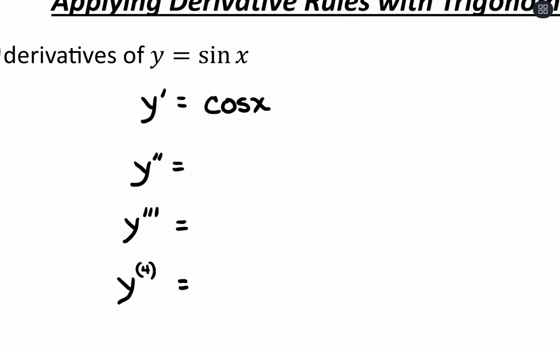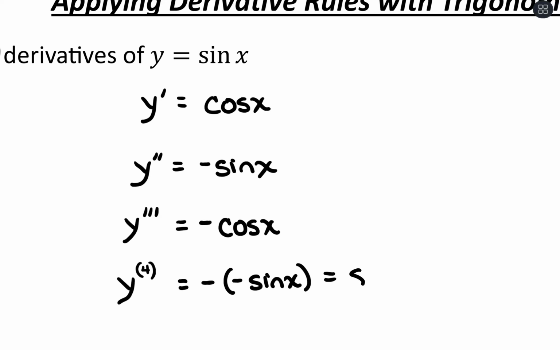Derivative of cosine of x is negative sine of x. Derivative of negative sine x, so the negative keeps hanging out, and the derivative of sine of x is a positive cosine x. And then for the 4th derivative, we'll have a negative, and then derivative of cosine of x is a negative sine x, which simplifies to just positive sine x.